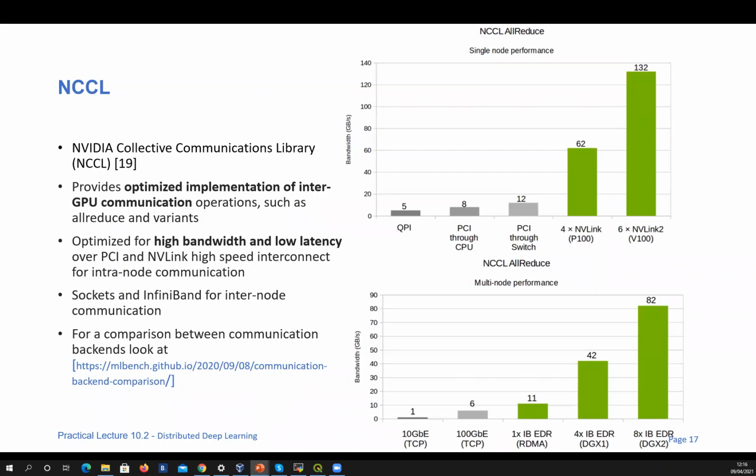So you know MPI, but there are obviously other backends for collective communication. One that is very much used on GPUs is NCCL.